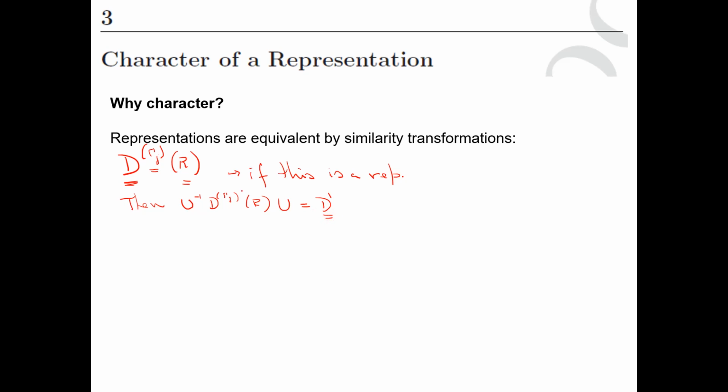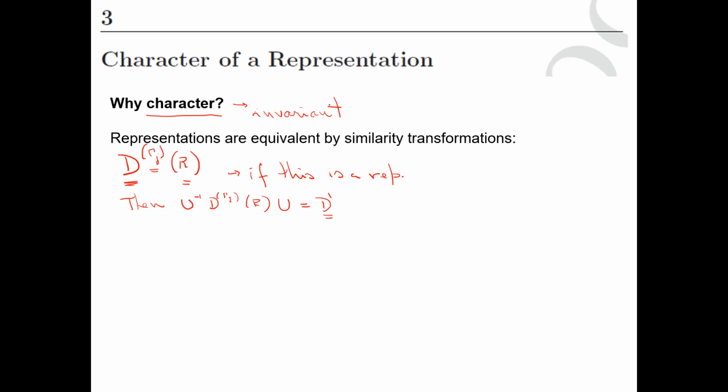Okay, so you have this multiplicity of representations, or ambiguity, if you want. But this ambiguity doesn't occur with characters, because characters are invariant under similarity transformation, like that.